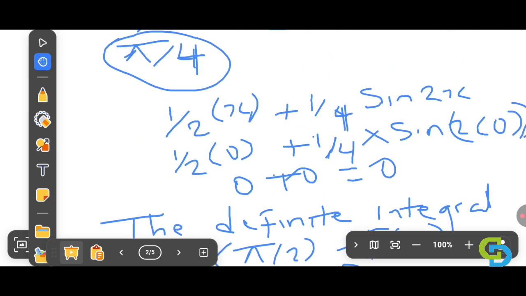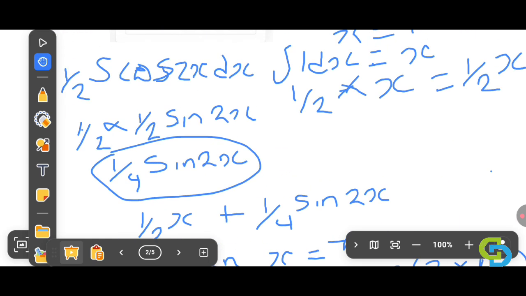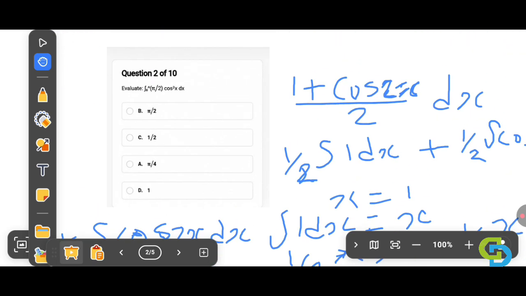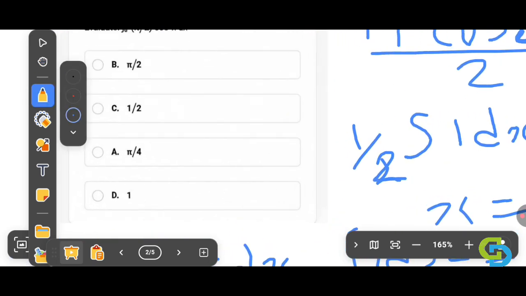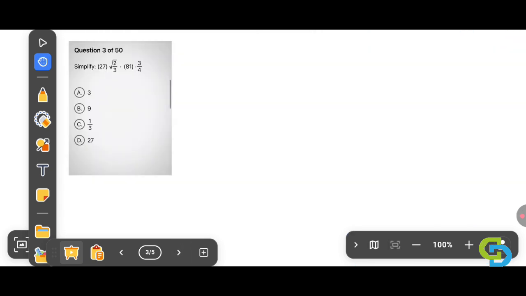So we can go back to our calculations and see that f is pi over 4, and this is our correct answer. So we'll move to our next question, which is question number 3.